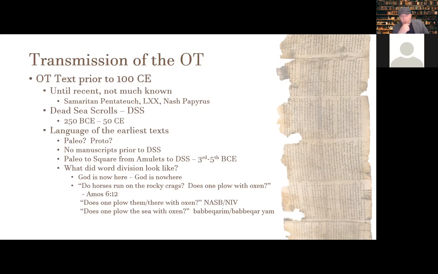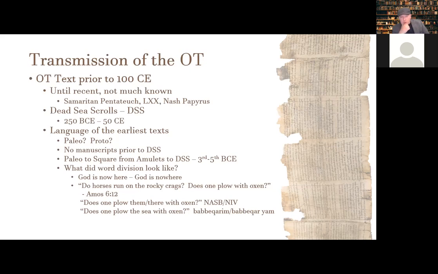Here's the real situation from the Hebrew that might exist and give some context to how the ancient Hebrew text was. When we look at this word, ba-ba-kareem, which would mean plow with oxen, we take the same exact Hebrew letters and add a division right there at the end: ba-bakar yam.